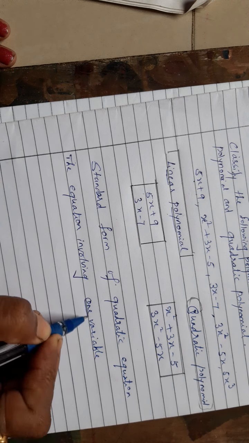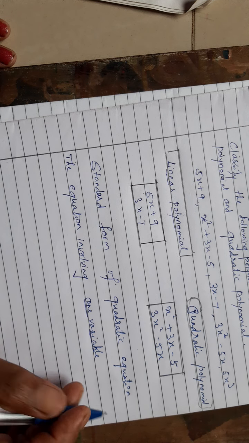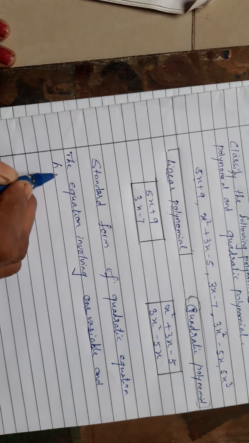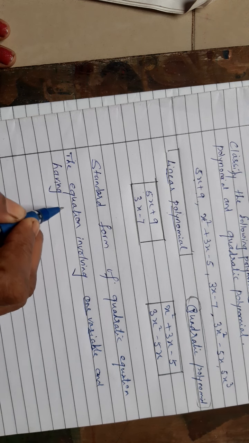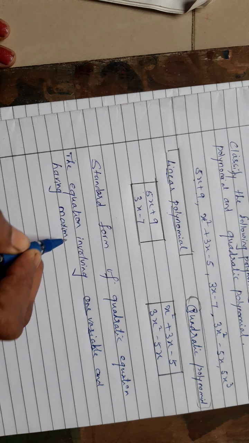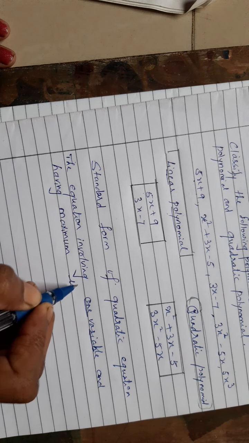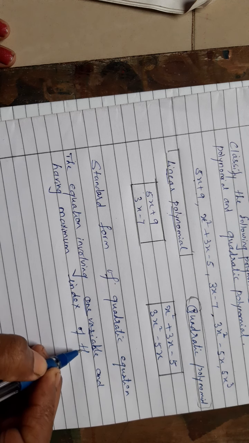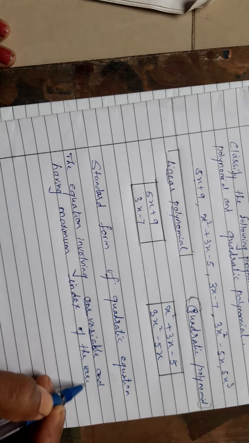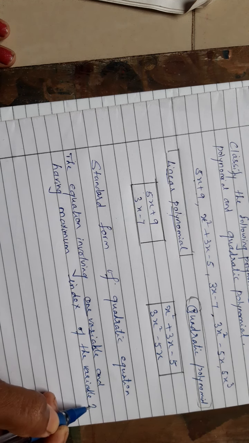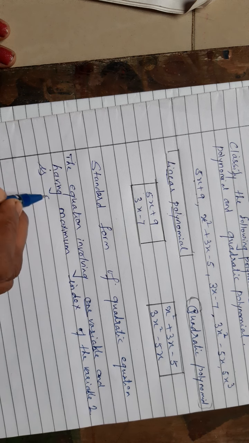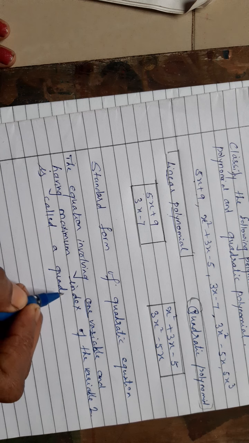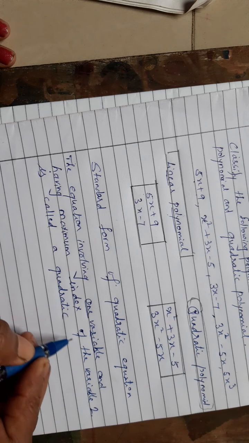Only one variable is there in a quadratic equation, and having the maximum index of the variable two is called a quadratic equation.